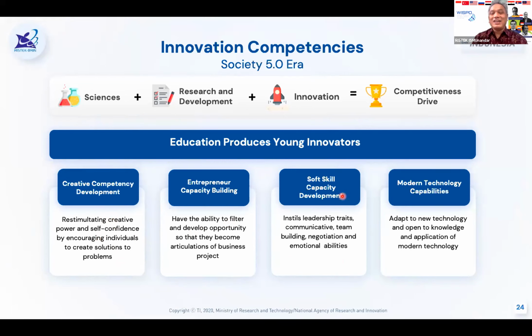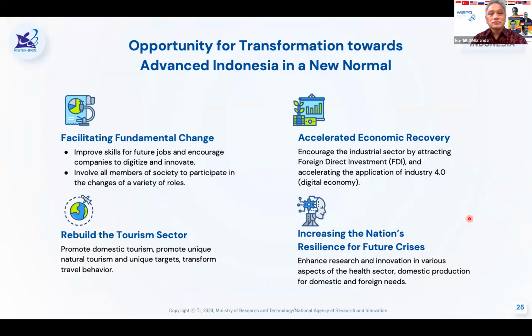Okay, and then also we need to have soft skill capacity development and modern technology capabilities. So this is to give you some of the opportunity for transformation toward what we call a new normal.